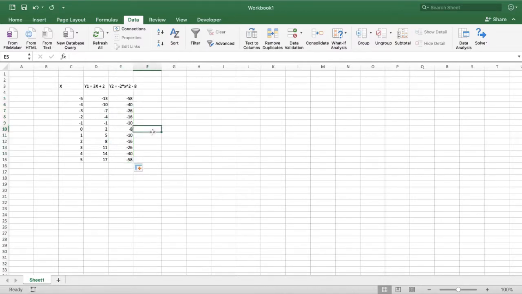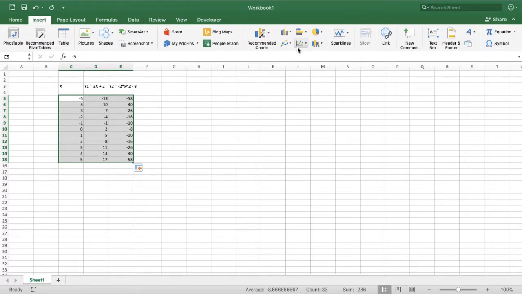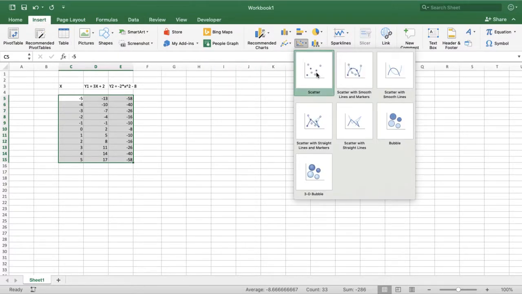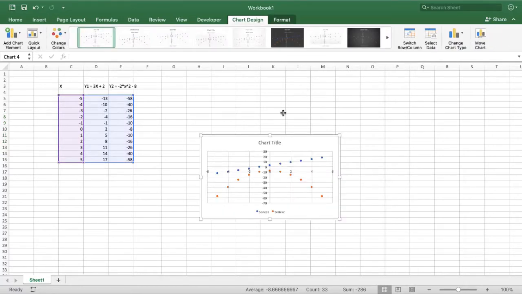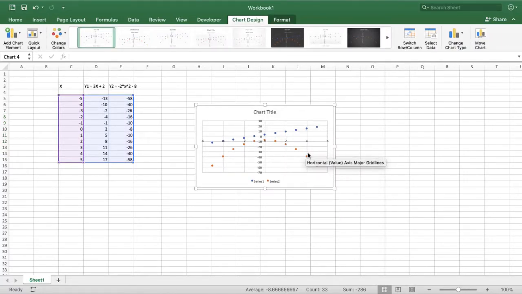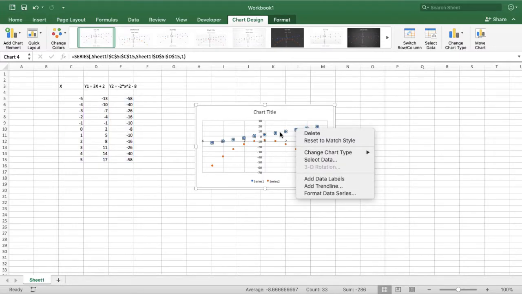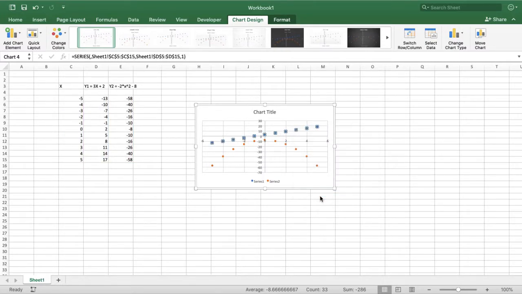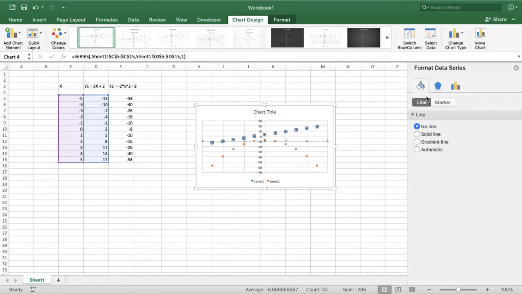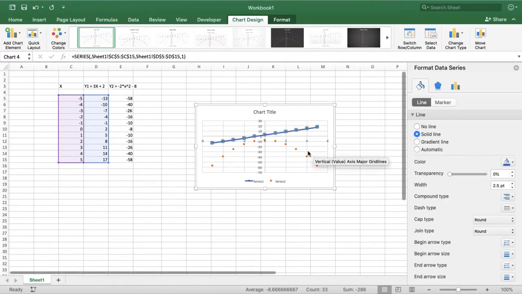Okay, so let's graph ito ulit para makita natin kung ano yung itsura niya sa graphical form. So highlight these cells and insert again our scatter plot. Boom! And you will see, oops, now that's a big problem. Let's put lines para makita natin.